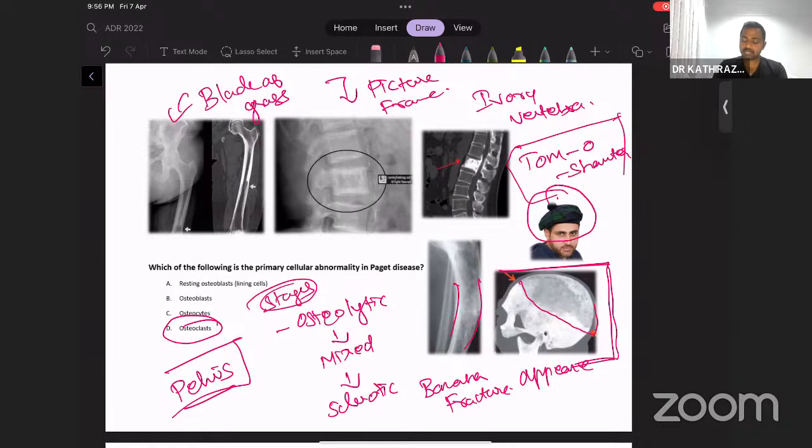Can you see that cap, like the Tom O'Shanter appearance? So we all go for the common topics. We all test the common things, but we may ask an uncommon question from a common topic.